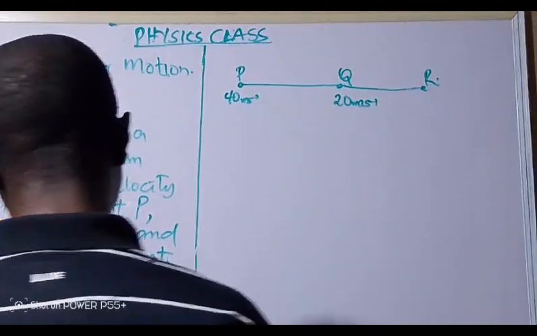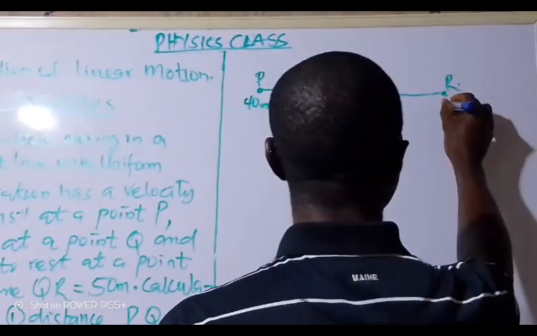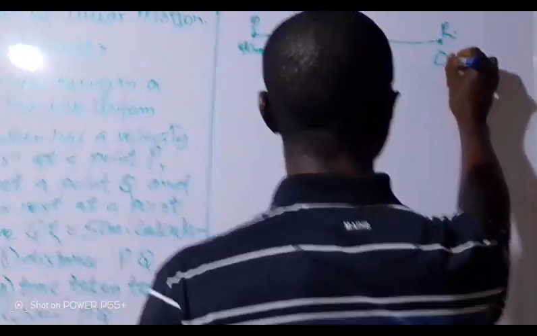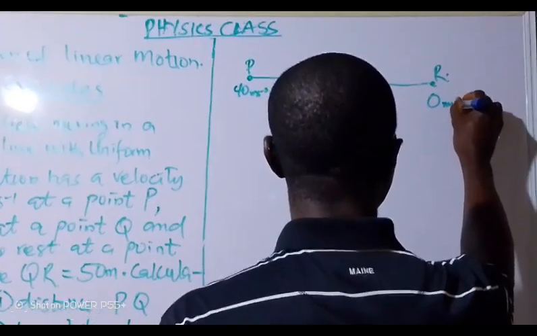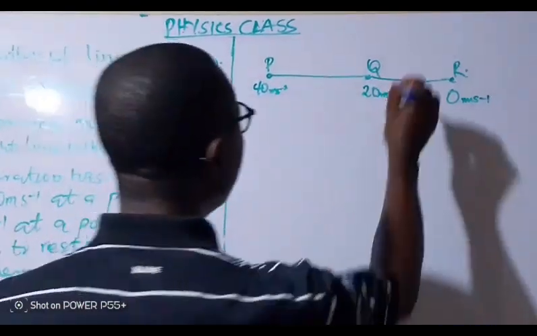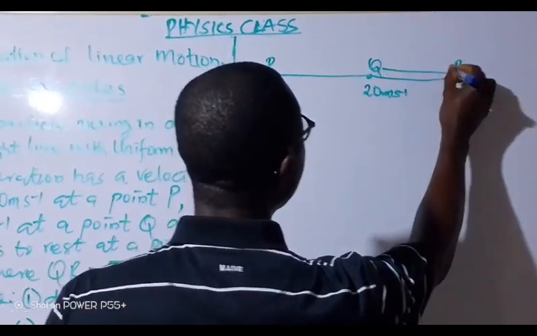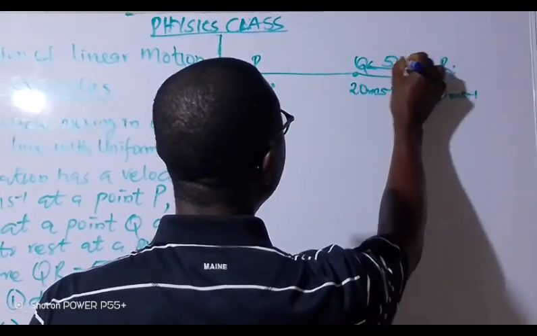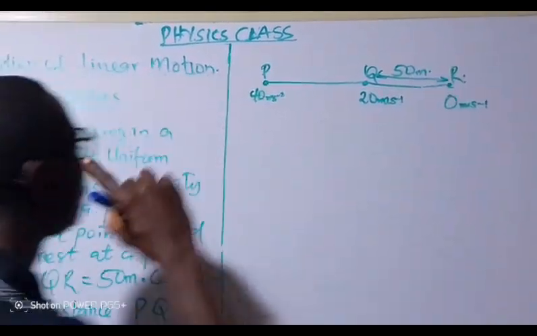And the body comes to rest at point R. It means the velocity here, since it comes to rest, will be 0 meters per second. The distance between QR is 50 meters.